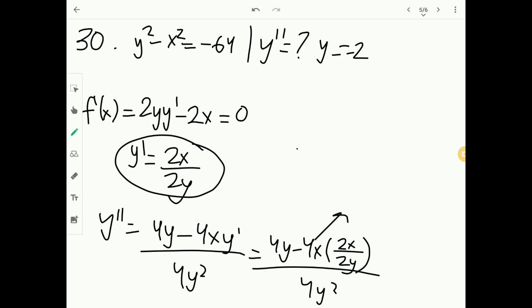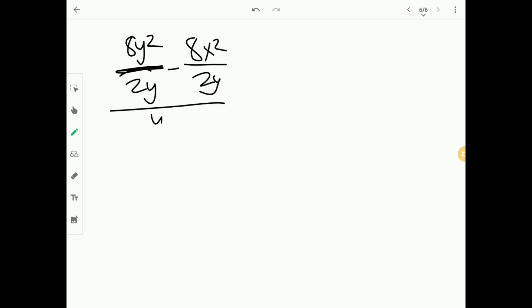I'm gonna continue here: 4y minus 8x squared over 2y, over 4y squared. You have to do common denominator, it's 8y squared over 2y minus 8x squared over 2y, over 4y squared.